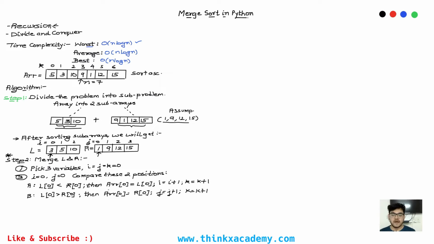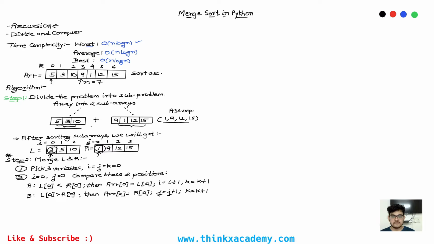Okay, so let's see how this step is actually merging L and R, right? So you can see what we are essentially doing is picking up elements from the left and right subarray one by one, and let's say we start from the 0th position. Both these positions are 0. So what we do is we compare them, and whenever we get a smaller one, we overwrite that element at the 0th position, right?